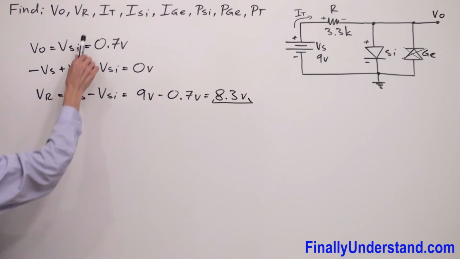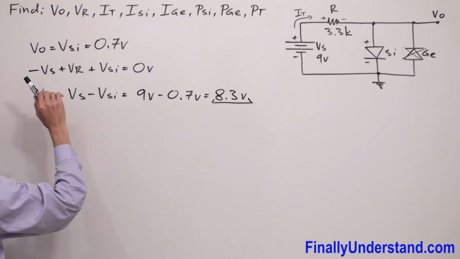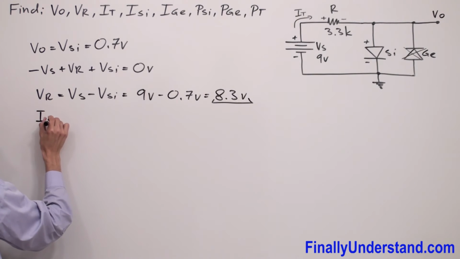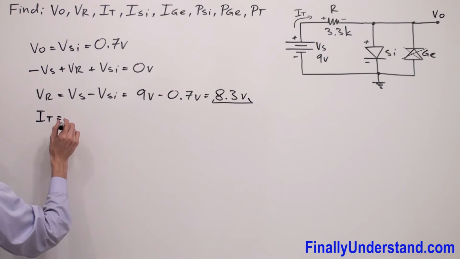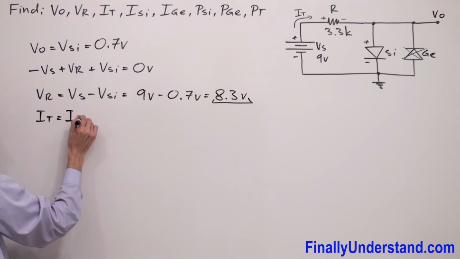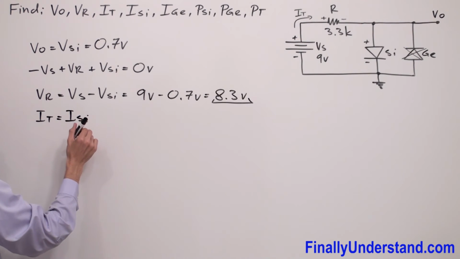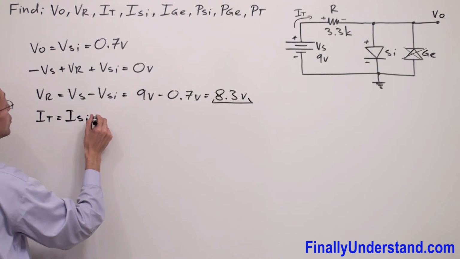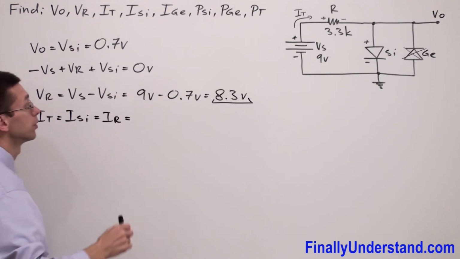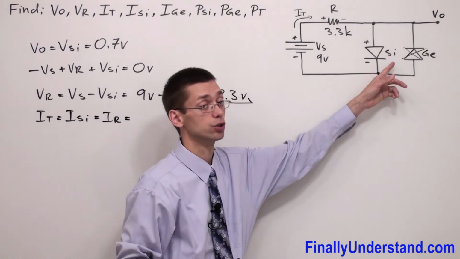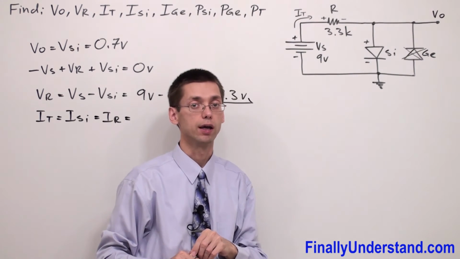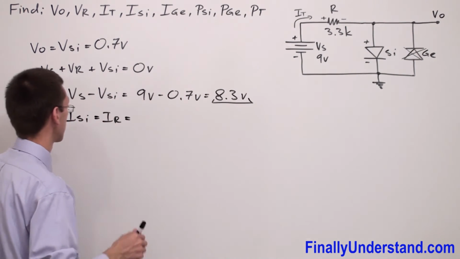Next, the problem is asking me for the current which goes through the circuit. Okay, so I total, in our case, is equal to the current which goes through the silicon diode. And this is also the current which goes through the resistor. Why? Because we are talking about a series circuit. We said this diode is not seen by the current, so I have a series circuit. In a series circuit, we have the same current.